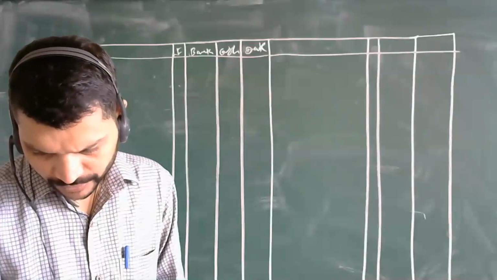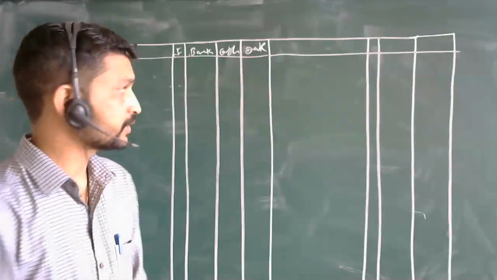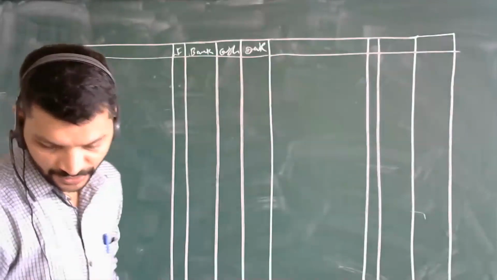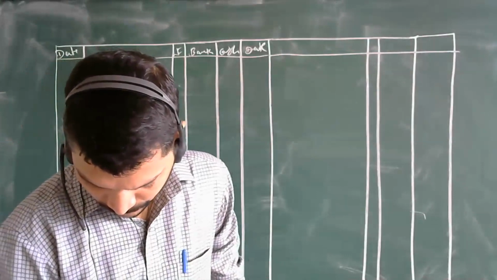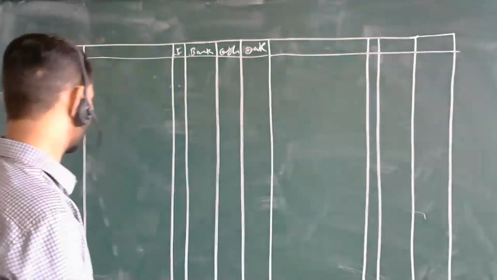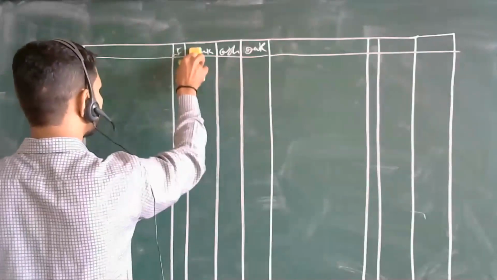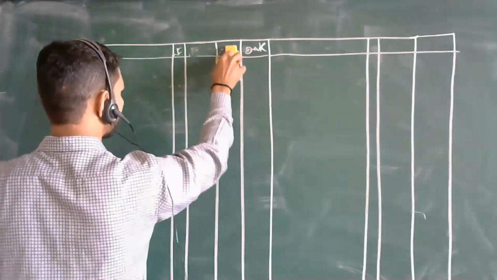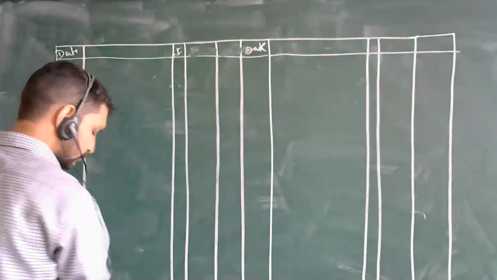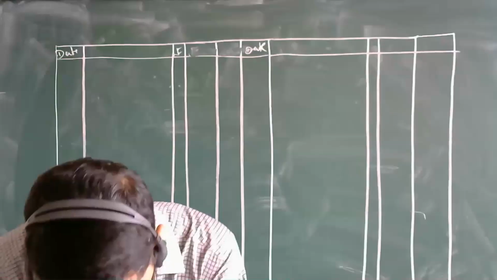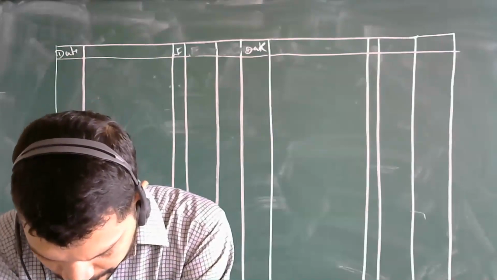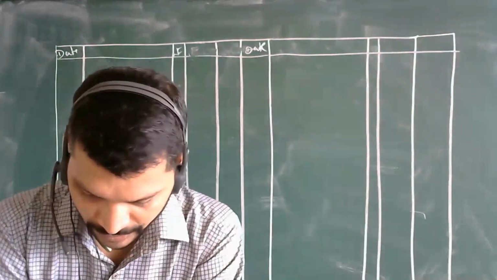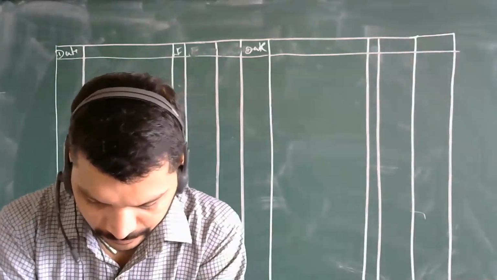Next, 20th September, purchased stationery by check 1,100. Next, 24th September, check given to Rohit 1,500.